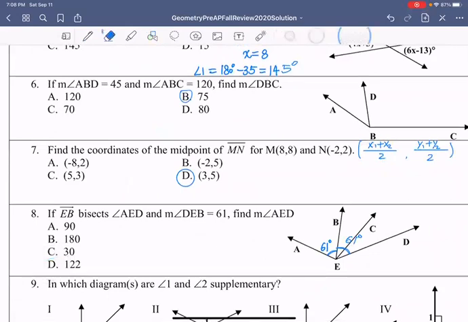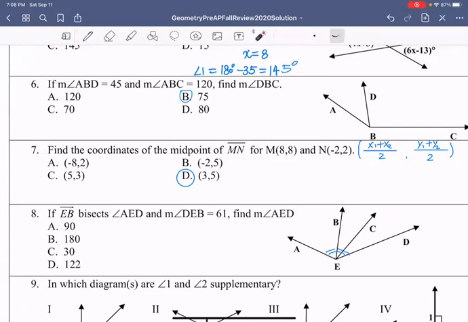Next one. Annie, can you please read number 8? Now we can do this together. If EB bisects angle AED and the measure of angle DEB equals 61, find the measure of angle AED.